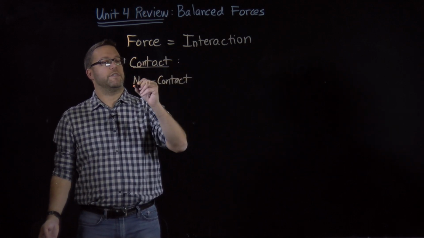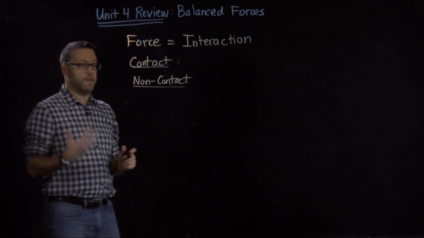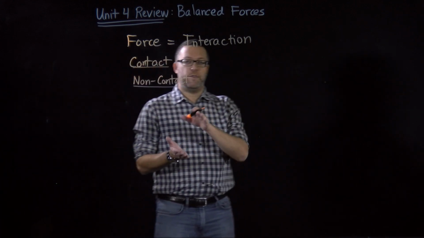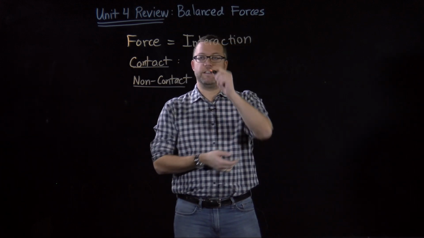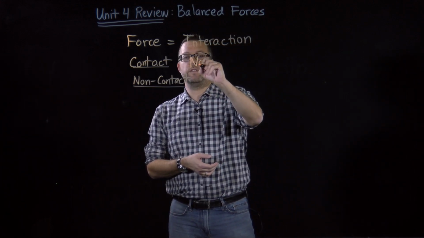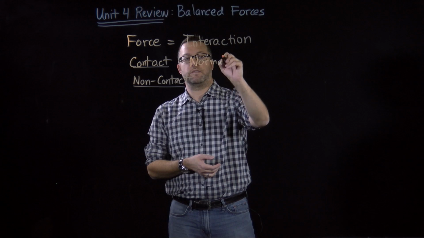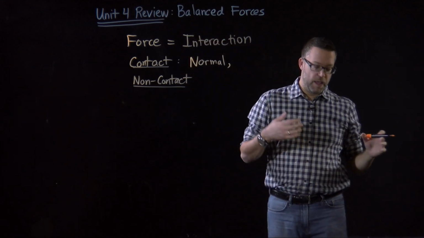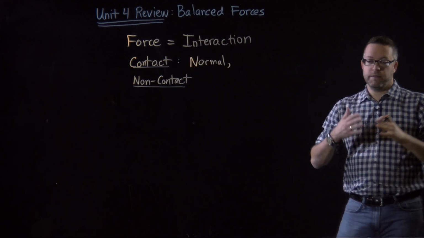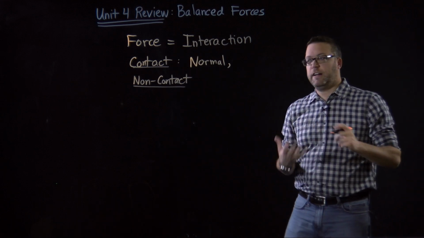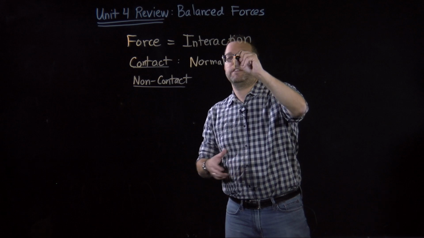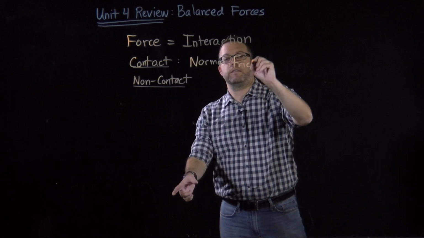Okay, so there's a lot of different examples of contact forces. If we have two surfaces that are pressing against each other, like a book sitting on a table, that's what we call the normal force. If we have a book that is sliding down a hill or an elephant sitting on a hill trying not to slide, we could have the force of friction.